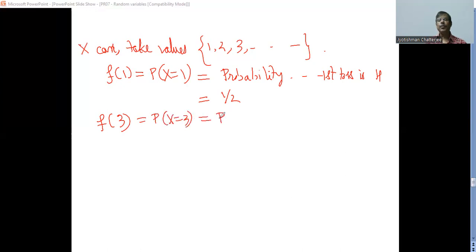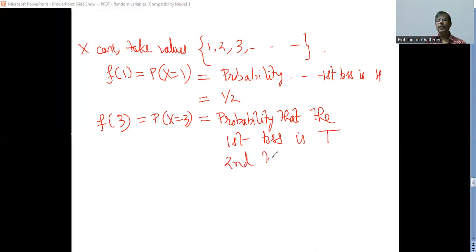Probability that the first, second, and the third.